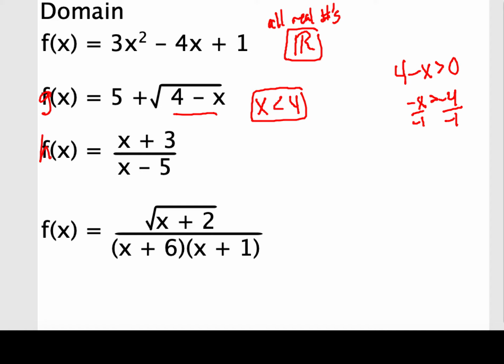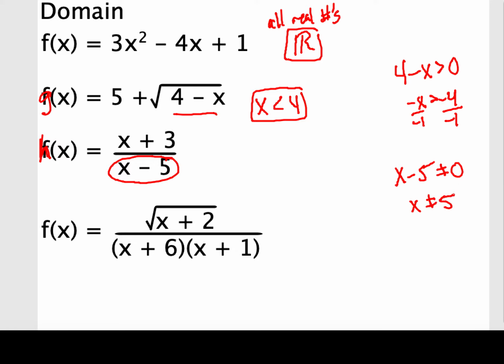Along those same lines, again, let's call this one h of x. We'll change the names a little bit there just so we can specify. H of x, well, now we don't have a square root, but we do have some division. So I need to guarantee myself I'm not dividing, again, by 0. So let's quickly do a little algebra. X minus 5 can't be equal to 0, which means x alone, if I add 5 to the other side, can't equal 5.